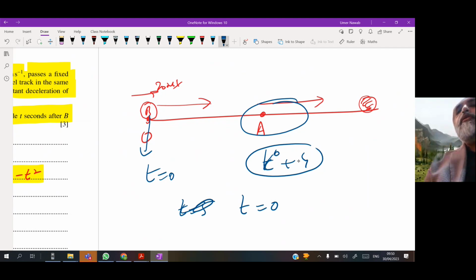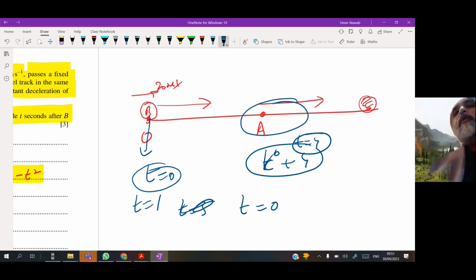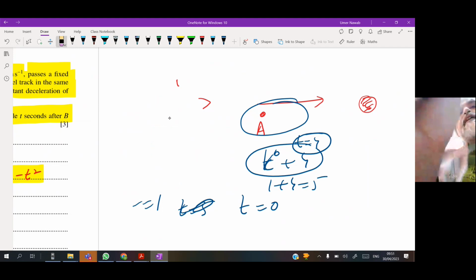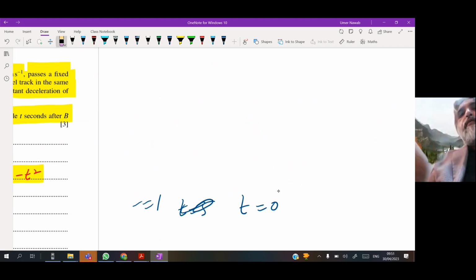So it means that for A, t is equal to 4 and for B, t is equal to 0. Suppose for B I put t is equal to 1, it means that B has spent 1 second. However, 1 plus 4, 5. A has spent 5 seconds in its motion starting from O.